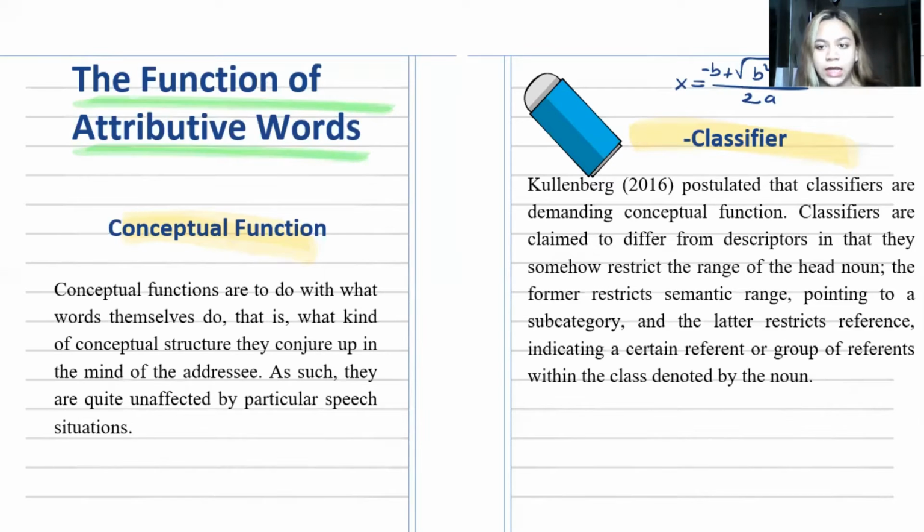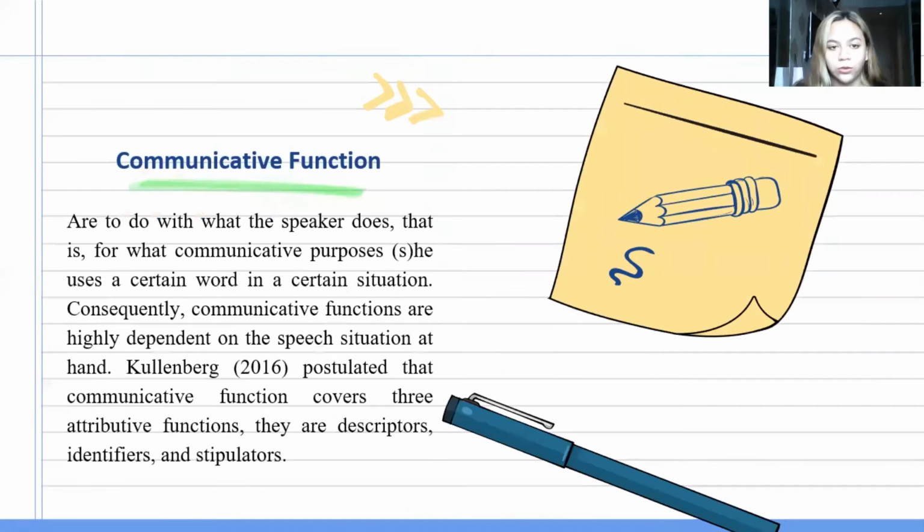Kullenberg postulated that classifiers are the main conceptual function. Classifiers are claimed to differ from descriptors in that they somehow restrict the range of the head noun. The former restricts semantic range, pointing to a subcategory, and the latter restricts reference, indicating a certain referent or group of reference within the class denoted by the noun.